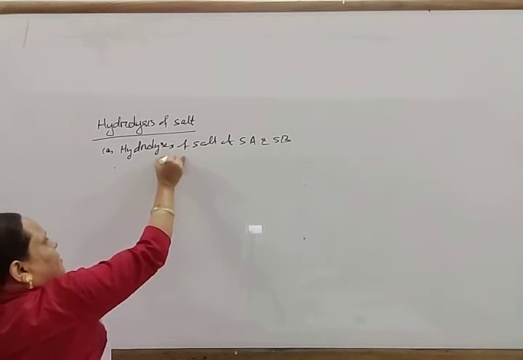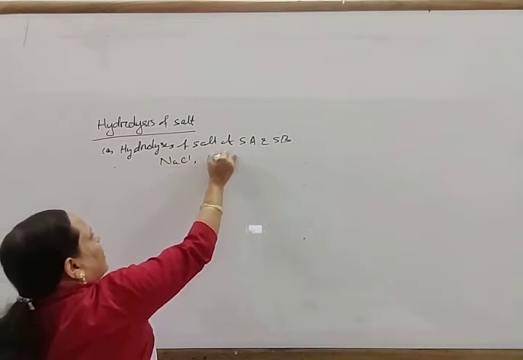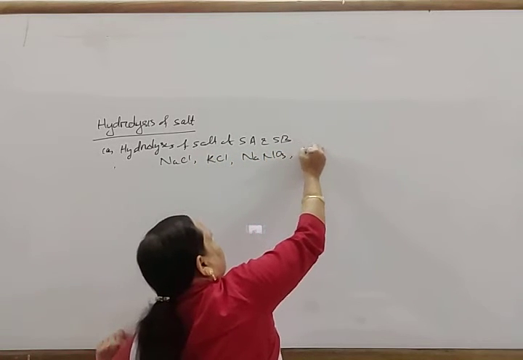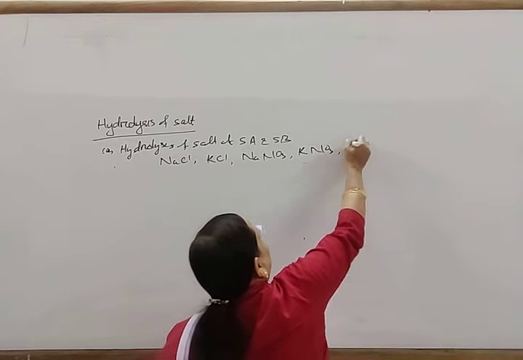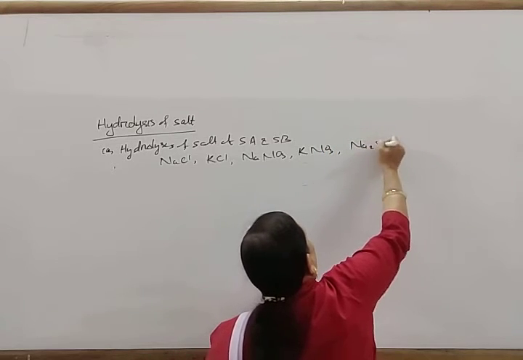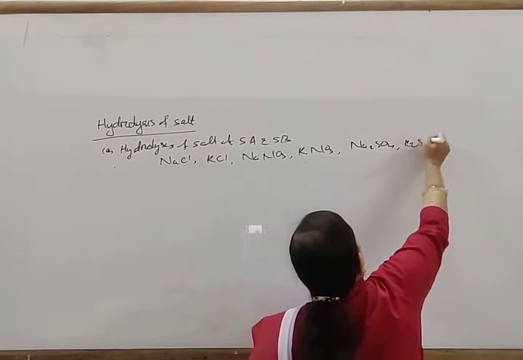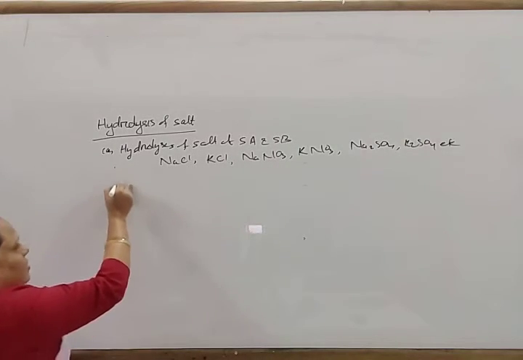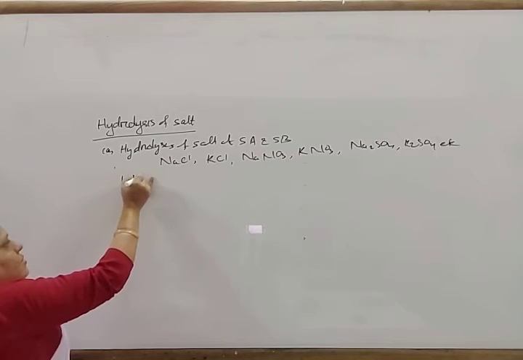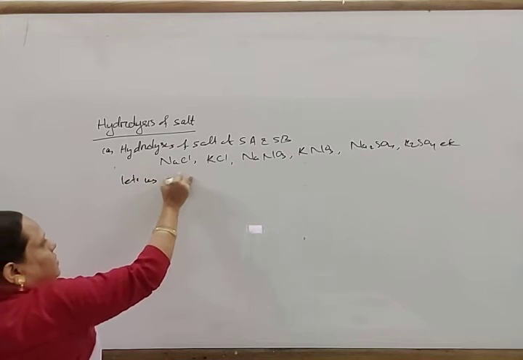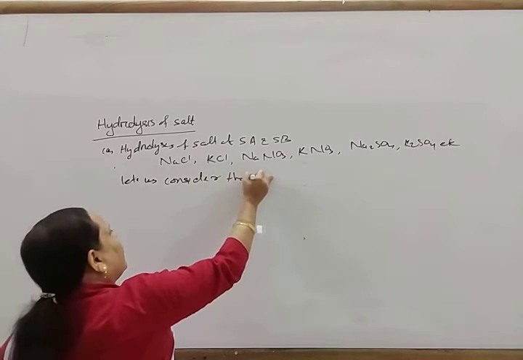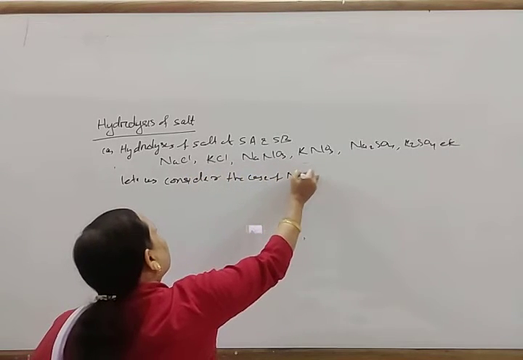Some examples of this type of salt are sodium chloride, potassium chloride, sodium nitrate, potassium nitrate, sodium sulfate, potassium sulfate, etc. Okay? Let us consider the case of sodium chloride.